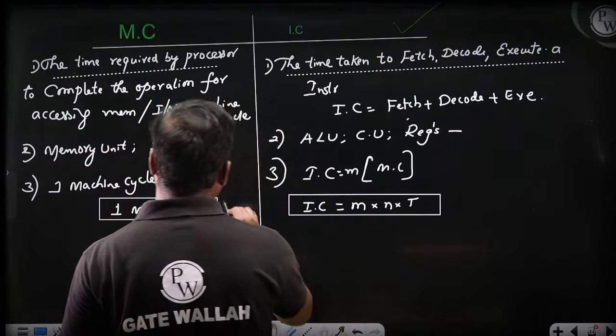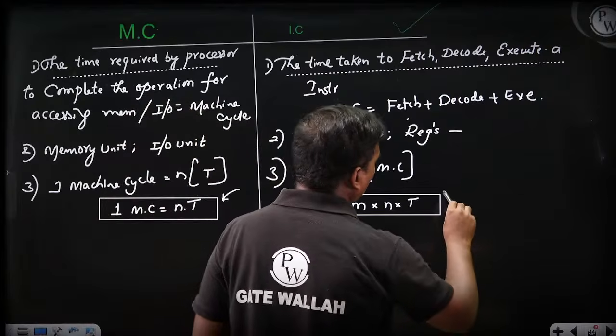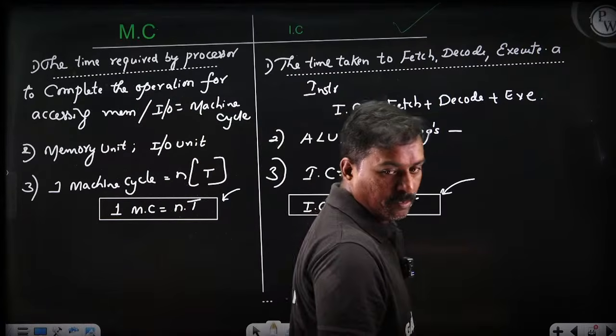So one instruction cycle is equal to M into N into T.